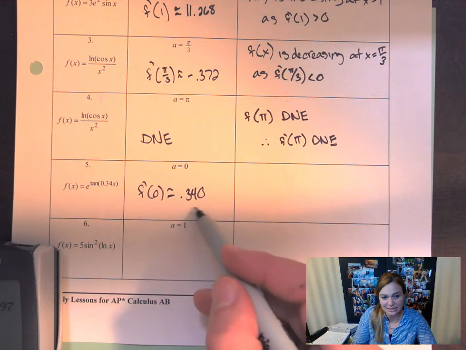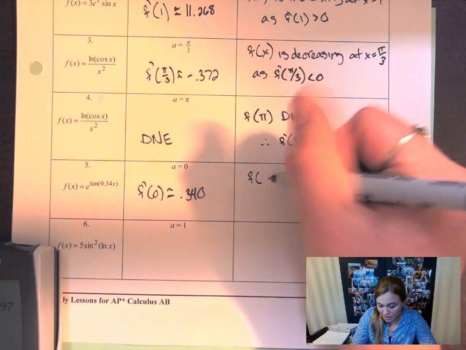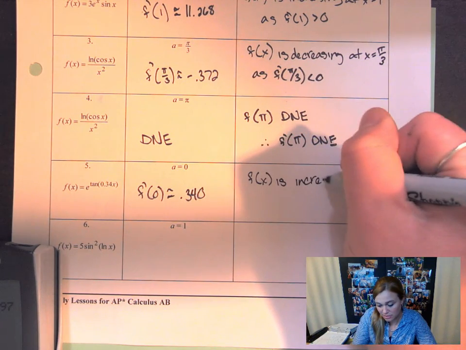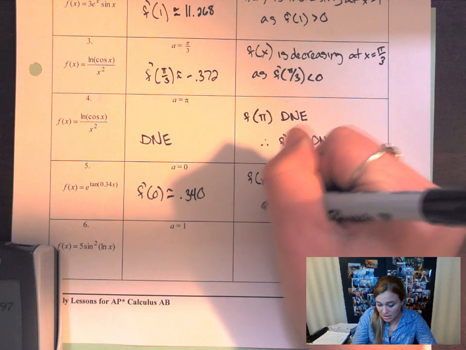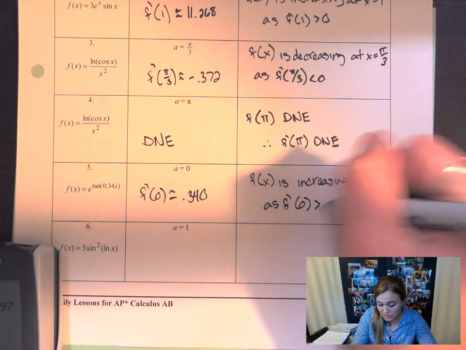This isn't an exact answer at 0.34. I'm going to say f of x is increasing as f prime of 0 is greater than 0.